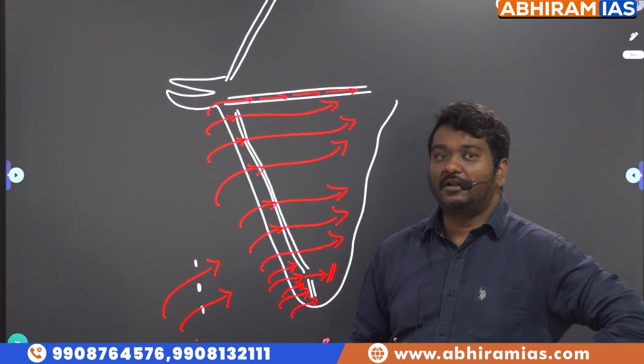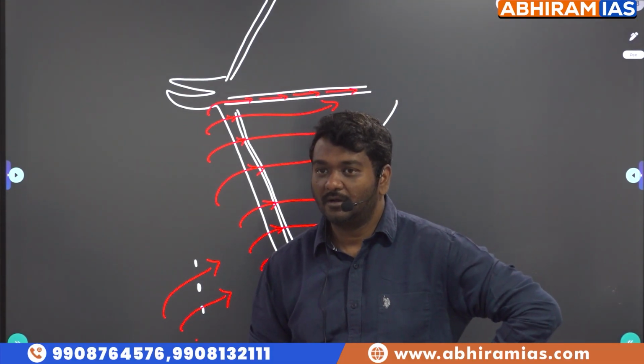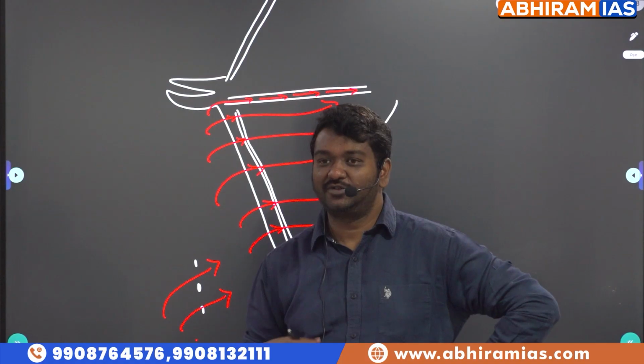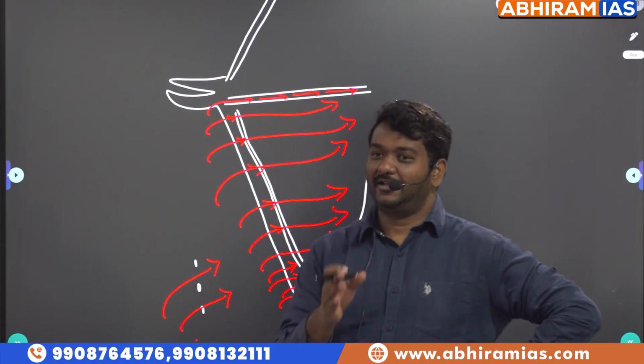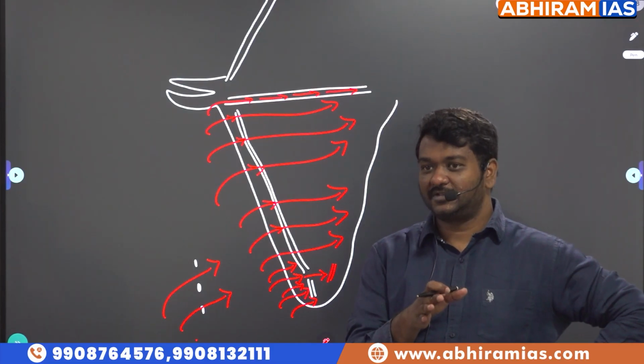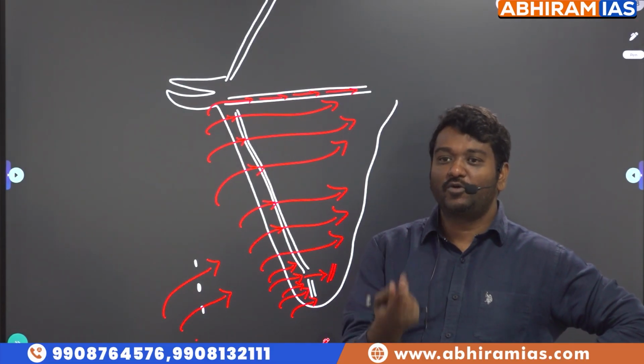Why do Rajasthan and Gujarat not get rainfall? Aravallis, yes. Aravallis should give rainfall. If anything stops the clouds, that should actually give rainfall because of orographic effect, right?